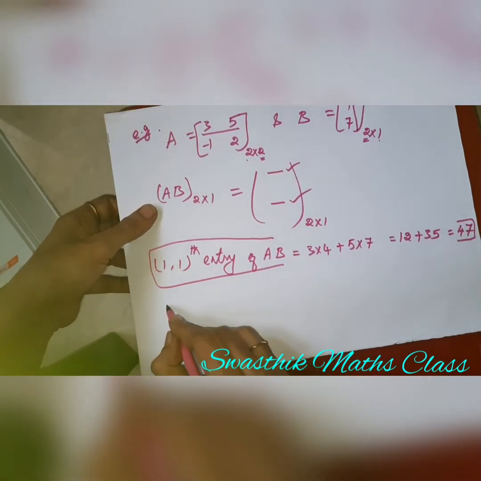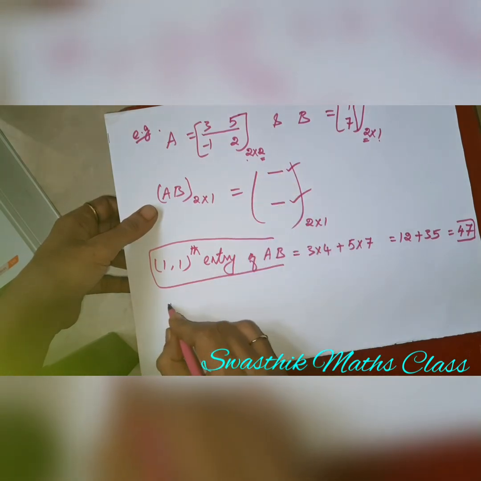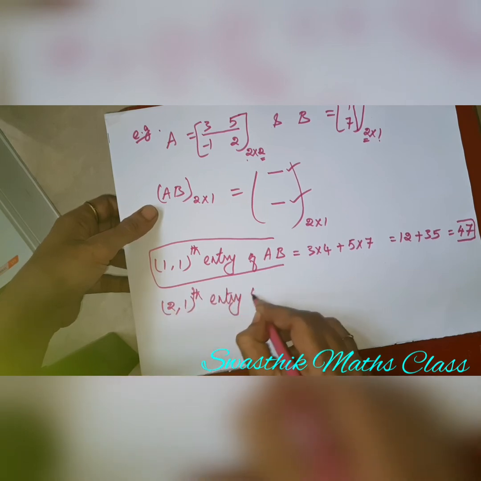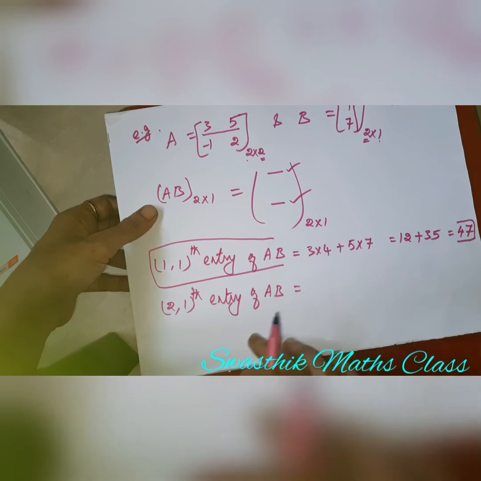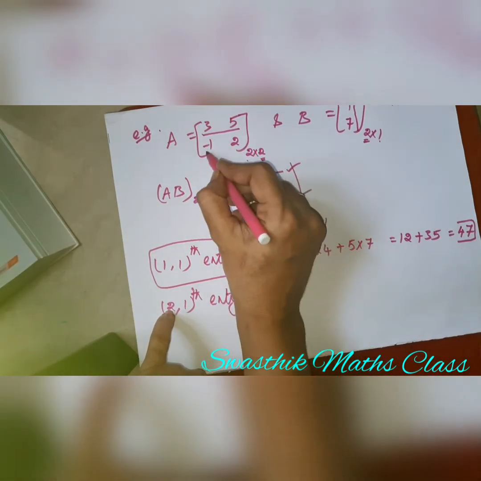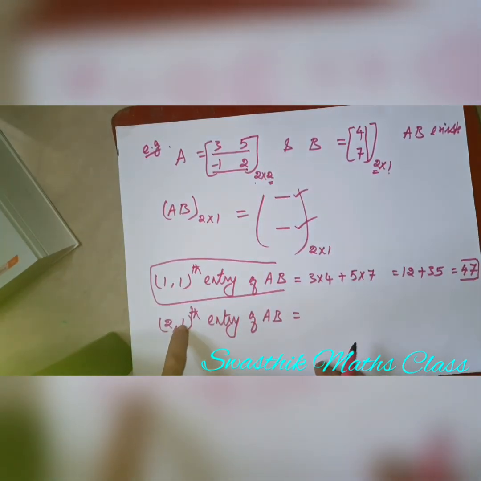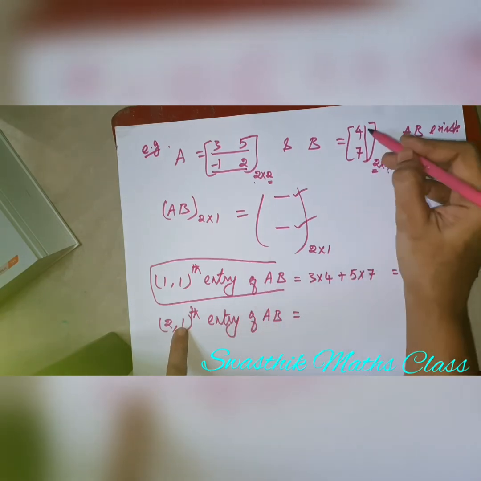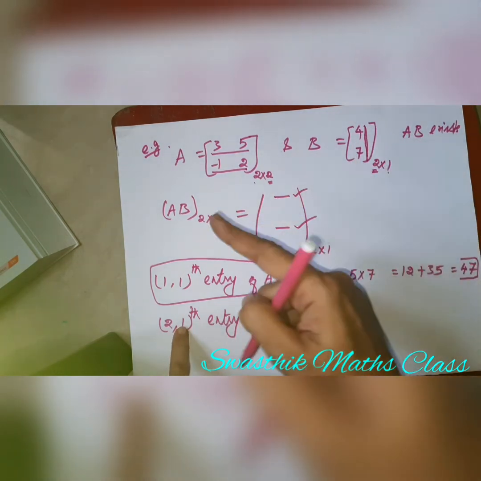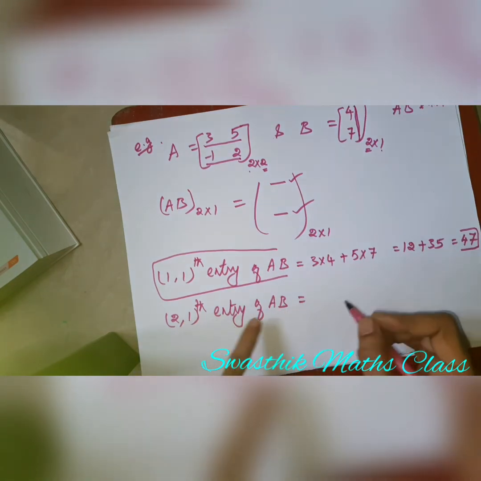Next, to get the 2/1th entry of AB, what we have to do? Take the second row in the first matrix A and the first column in the second matrix B. Now the corresponding entries should be multiplied and then those products added.